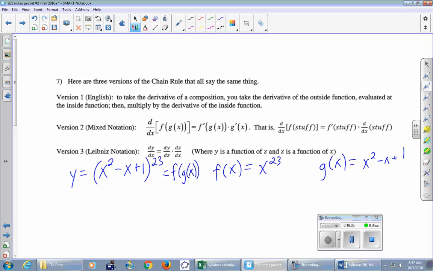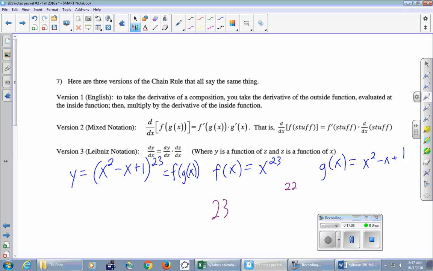So here it is in English. Not to say it's going to make it any easier to understand, but here it is. To take the derivative of a composition, you take the derivative of the outside function. That was f in this case. What's the derivative of f? 23x to the 22, right? But we didn't write that for the derivative of this original function. It says take the derivative of the outside function, but evaluate it at the inside function. We didn't write 23x to the 22.